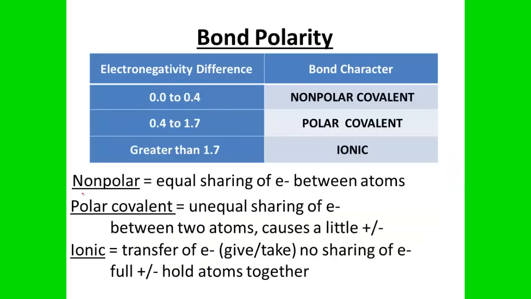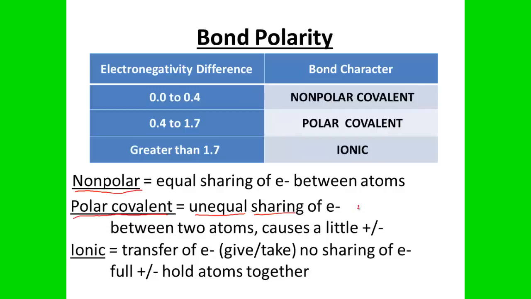So nonpolar bonds, with the math up above, have equal sharing of electrons between the atoms. A polar covalent bond is unequal sharing. It's still sharing, but it's unequal sharing between the atoms, so it causes a little bit of plus and minus.